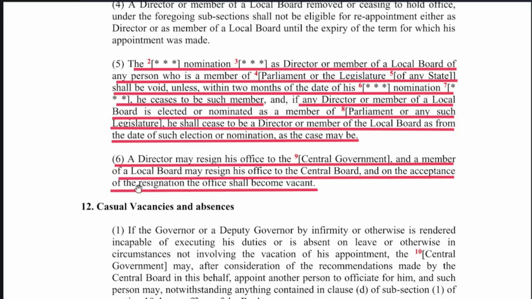On the acceptance of the resignation, the office shall become vacant. Meaning thereby the resignation letter has to be accepted as well. So if it is a member of a central board, the resignation letter has to be addressed to the central government. But if the concerned person is the member or director of a local board, then the letter has to be addressed to the central board. And once the letter of resignation has been accepted, the office will become vacant.